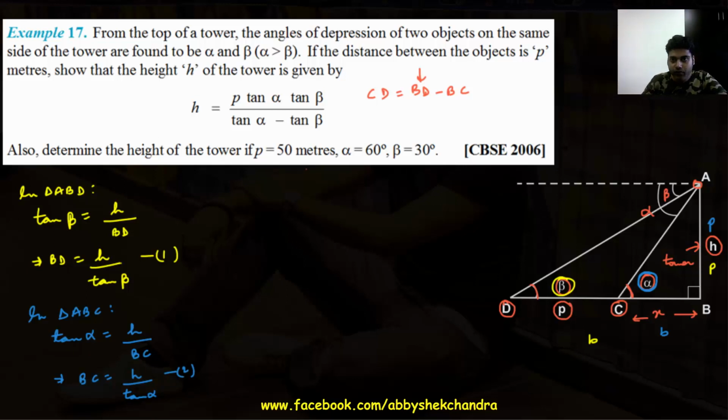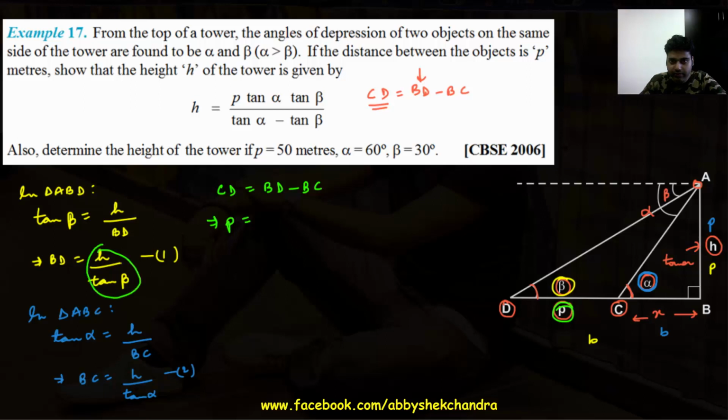Now we need to calculate CD, right? So now CD is equal to BD minus BC. What is CD given to be? CD is given to be P. So P equal to, what is BD?